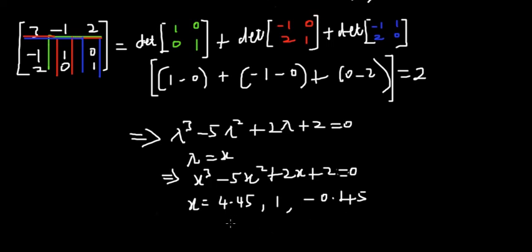In case you use a polynomial approach, you might end up with 2 plus root 6, and 2 minus root 6. Note that 2 plus root 6 is the same as 4.45, and I will prove it to you, and 2 minus root 6 is the same as minus 0.45.